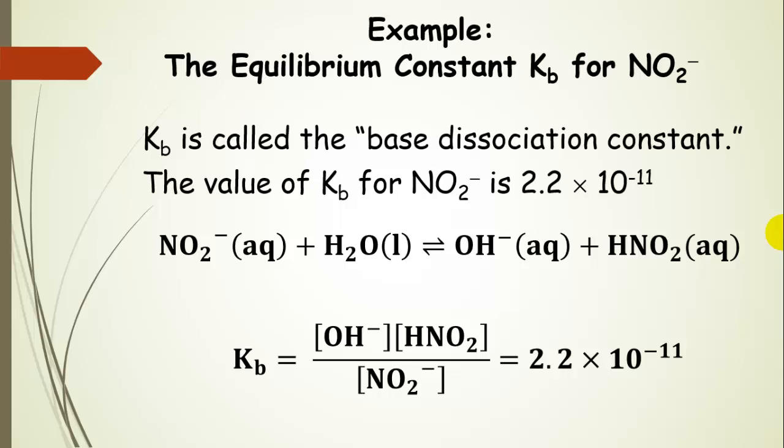Kb is the base dissociation constant. And as an example value, Kb for nitrite is 2.2 times 10 to the negative 11. So if we write our equilibrium constant expression, Kb, products over reactants, and then we plug in that Kb value, we have something that we can use in an ice table. We have an equilibrium constant expression.